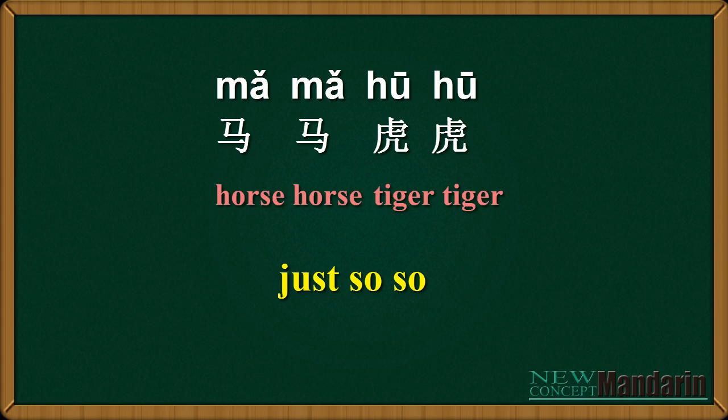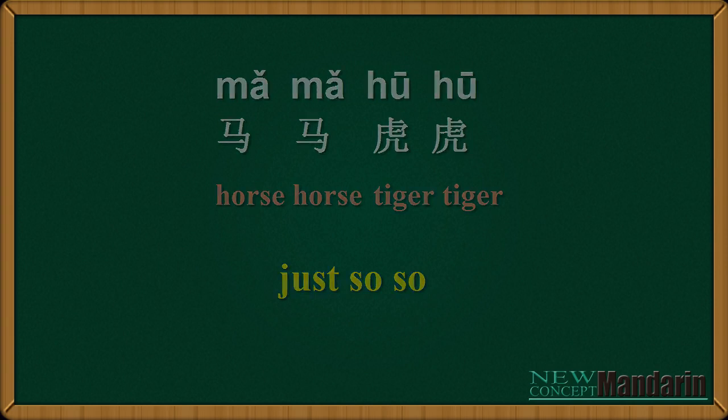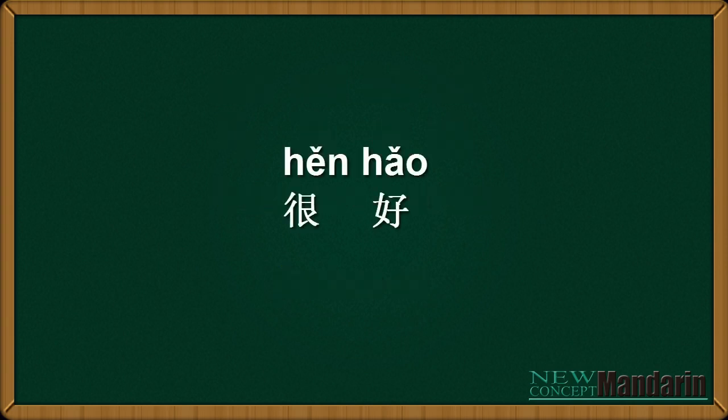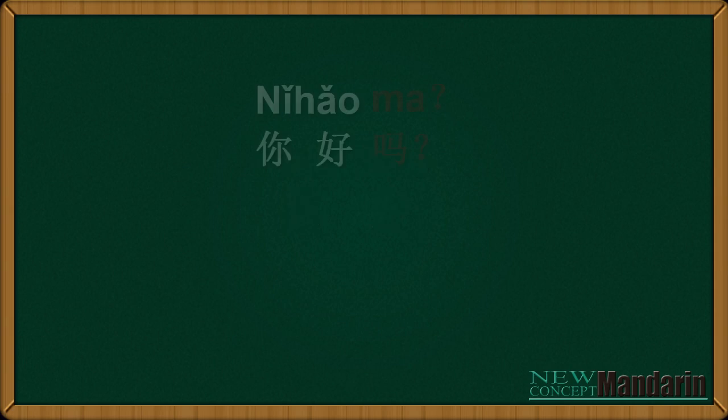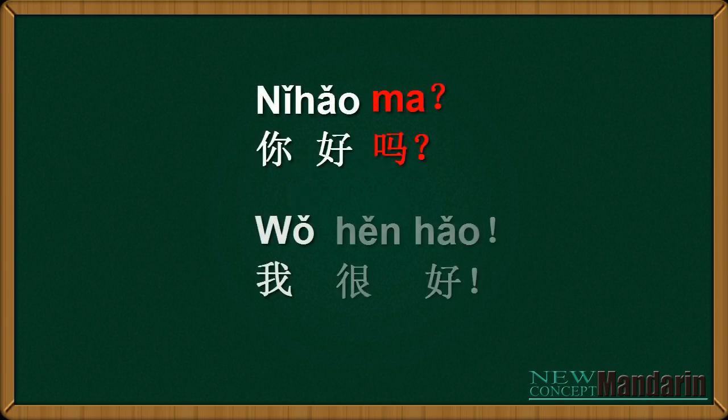You can use this phrase everywhere. How is that movie? 马马虎虎. How is your work? 马马虎虎. And how is my class? I hope you are saying 很好. So, 你好吗? I hope you are saying 我很好.